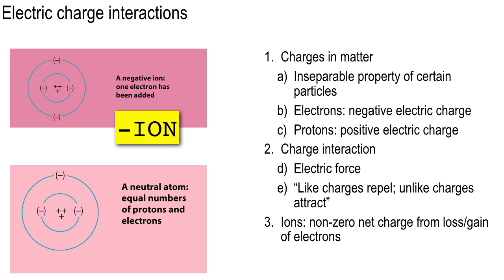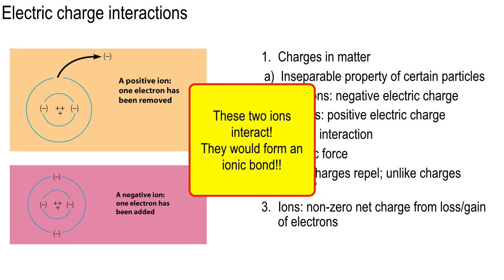Now, if you have a positive and a negative next to each other, 2 ions, guess what happens? They bond together. A positive ion and a negative ion are going to tend to bond together.